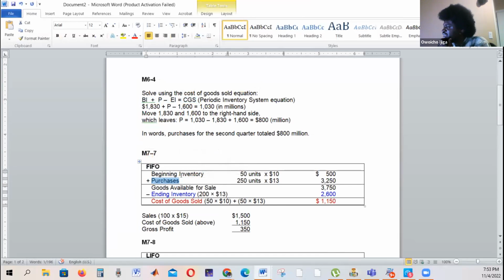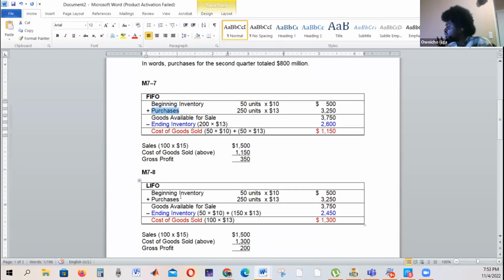So you sell the beginning inventory first before you sell the purchases. I believe I'm making sense here. Well, don't worry, just have that in mind. Sell beginning inventory first and then sell purchases next. But for LIFO, you sell purchases first before you sell beginning inventory. That means the purchases is the last in, and then you sell it first out.